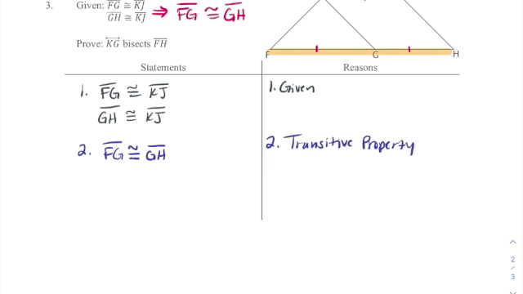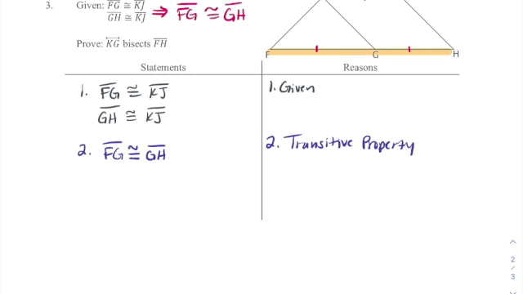Now, a couple of you might be thinking, Miss Tilly, couldn't I use substitution here? Couldn't I substitute GH in place of KJ because it's congruent to KJ? And technically, yes, substitution would be a valid thing to say.